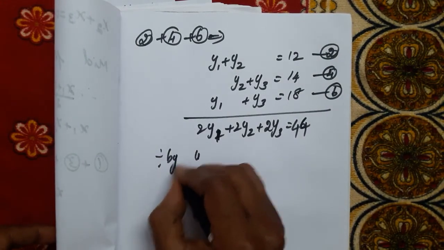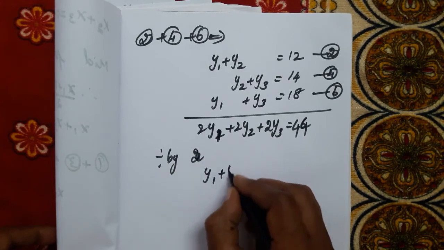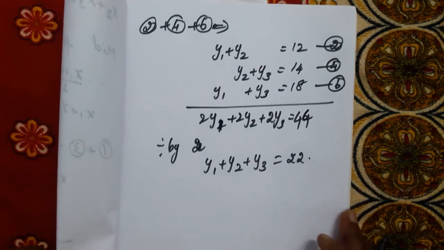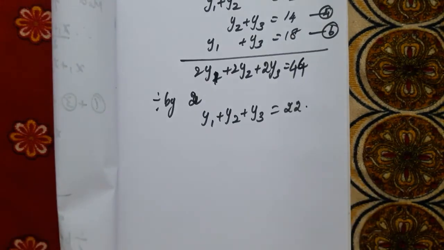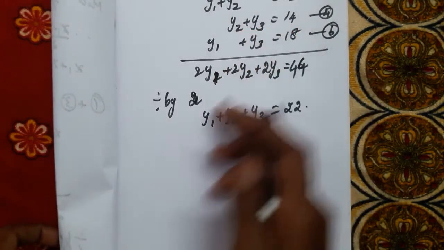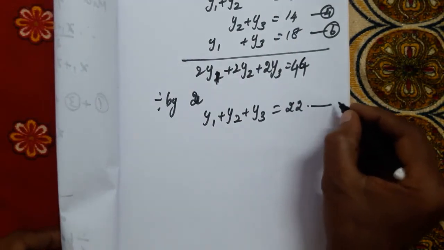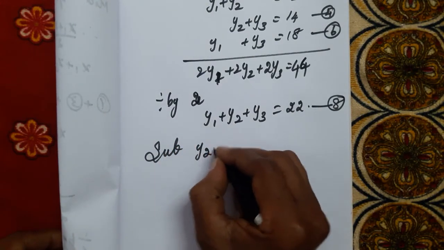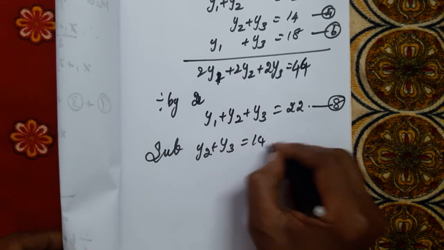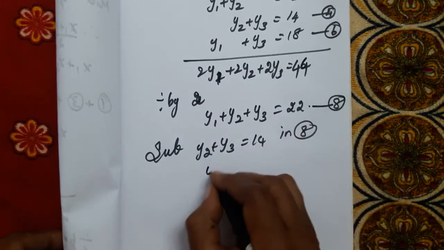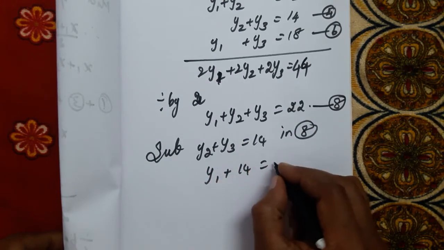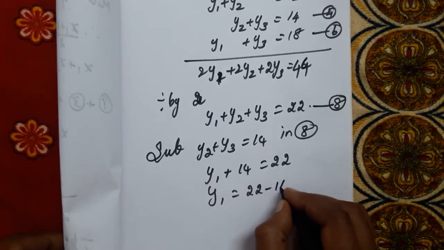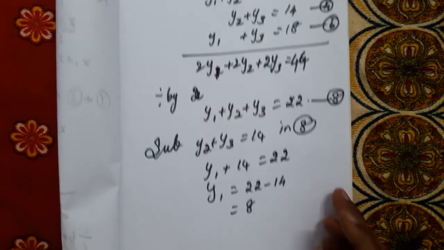Dividing by 2, y1 + y2 + y3 = 22. Here also it is enough to find the y1 value. So substitute y2 + y3 = 14 in equation 8. So y1 + 14 = 22, y1 = 22 - 14 = 8.